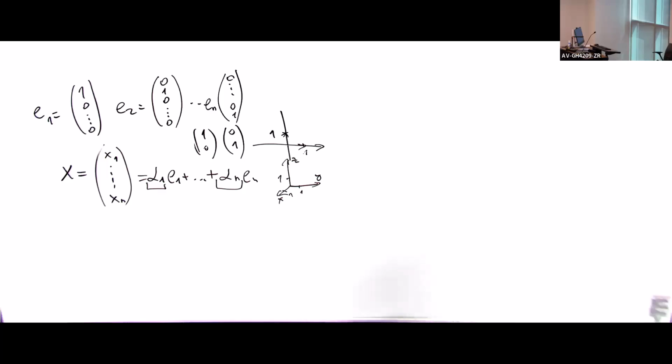But if you're using different vectors, you're practically representing that vector in a different system of coordinates. Then it would be very convenient to represent it if the system of coordinates is orthogonal, and not very convenient if it is not orthogonal. If some of these angles are smaller than 90 degrees, then you have a problem.